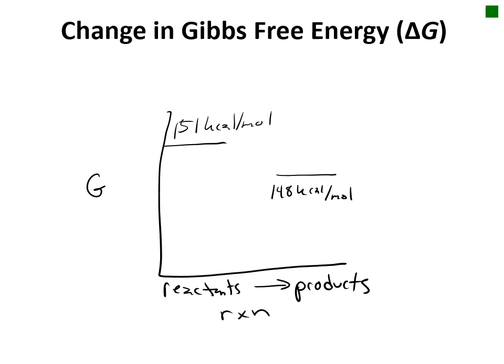So our graph goes from a higher amount of energy to a lower amount of energy as we moved through the course of the reaction from the reactants to the products. This difference in energy is the delta G of the chemical reaction. In this example, we have released energy to the system, resulting in a negative delta G.